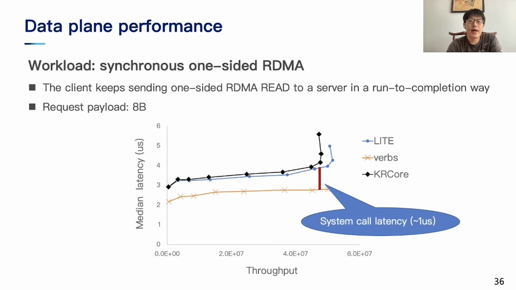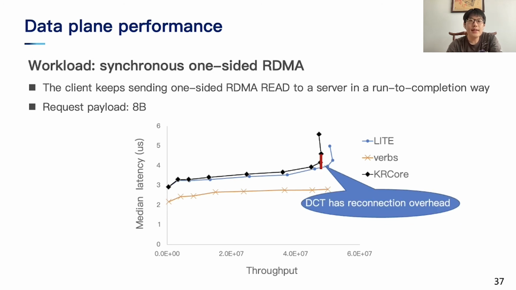First, they have about 1 microsecond latency increase due to the system call overhead, since we need a kernel-space QP pool to share QPs between different applications. Second, KRCore has a lower peak throughput due to the introduction of DCT. Compared with RCQP used in LITE and verbs, DCT has a reconnection message, so its peak throughput is lower.